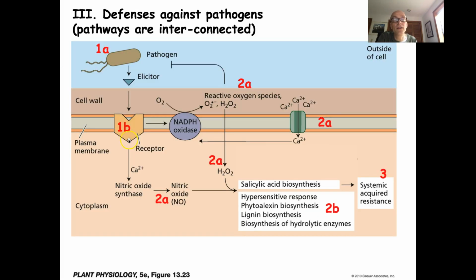So how are all these different steps put together in one pathway? Well, you see here the elicitor, you see the receptor, you see the signaling compounds, and they can come through elicitation, or they can come through calcium influx by recognizing a compound, a fungus or a bacterium from the outside.